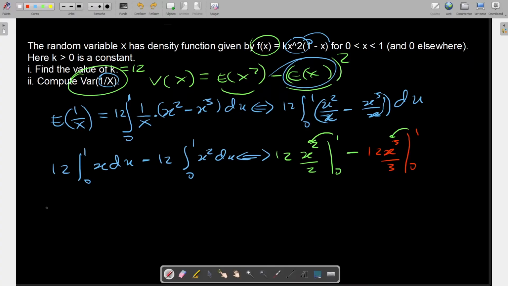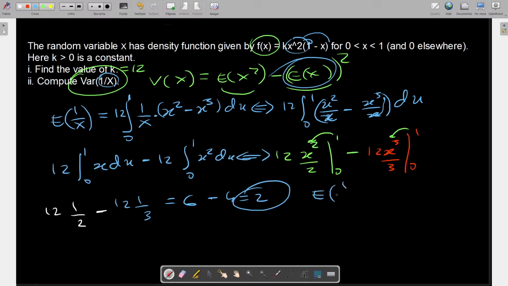So we have 12 times 1/2 minus 12 times 1/3. This is all we have here. So we have 6 minus 4, which is equal to 2. So our expected value is equal to 2. Let's continue.